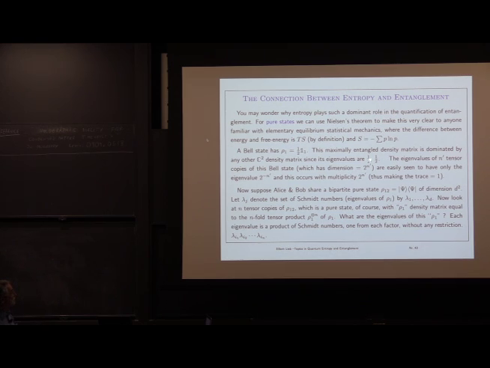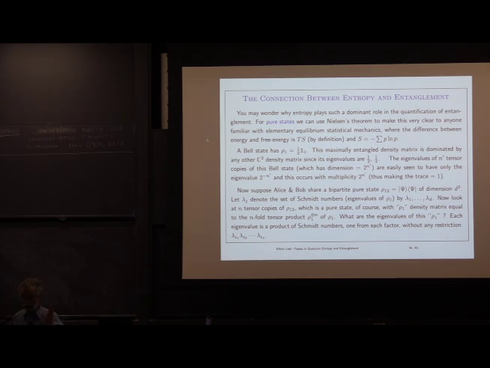So the two eigenvalues of the rho 1 density matrix are 1/2 and 1/2, adding up to 1, of course. Now the eigenvalues of the n prime tensor copies of this Bell state, where the dimension of the Hilbert space of the tensor product of C^2 n prime times is 2 to the n prime, are easily seen to have only the eigenvalue 2 to the minus n prime. You just multiply 1/2 n prime times. And this occurs with multiplicity 2 to the n prime.